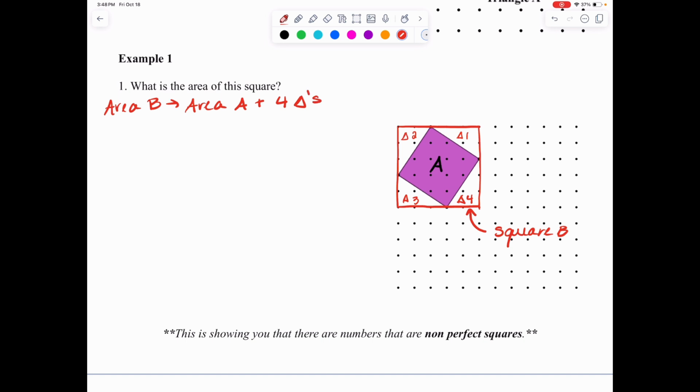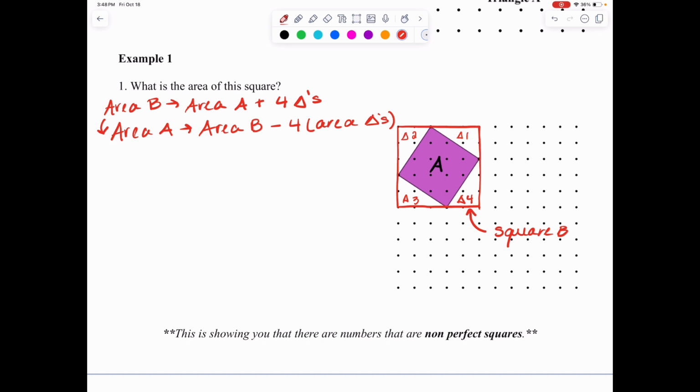The reason I can say the 4 triangles is because all these triangles are the same size. They have side lengths of 2 and 3, 2 and 3, 2 and 3. So all those triangles are the same. What that tells me is I can work backwards and get the area of A by doing the area of B minus the area of those 4 triangles. I'll show you what I mean.